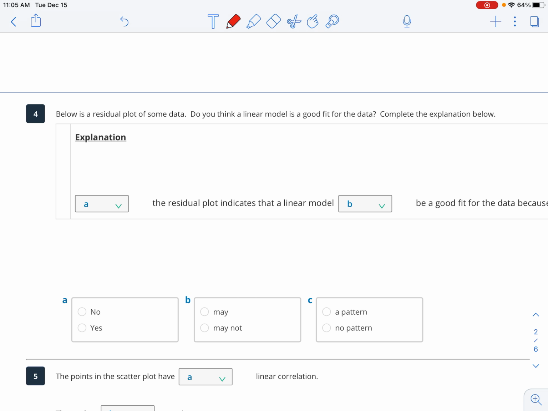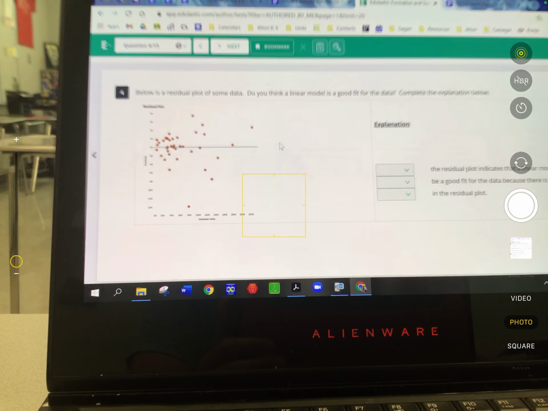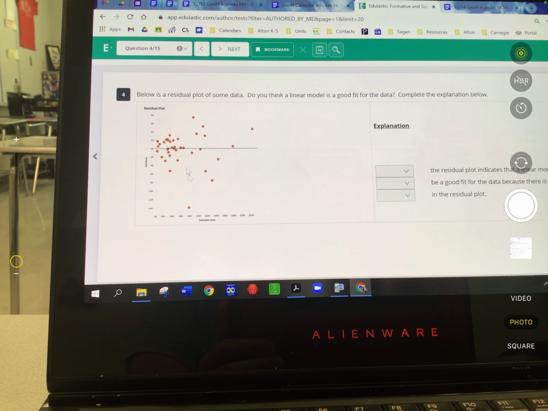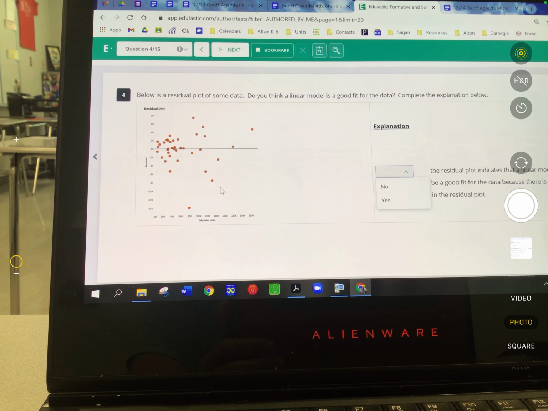I'm going to go ahead with number 4 then. Number 4 is the same question, with some differences. On that one, I gave you the picture. My document does not have it for you, so I'm going to show you the pattern that is on your screen. And what I'm going to say is the same thing: I don't see a pattern. It's all scattered about. All scattered about means yes, it's linear.